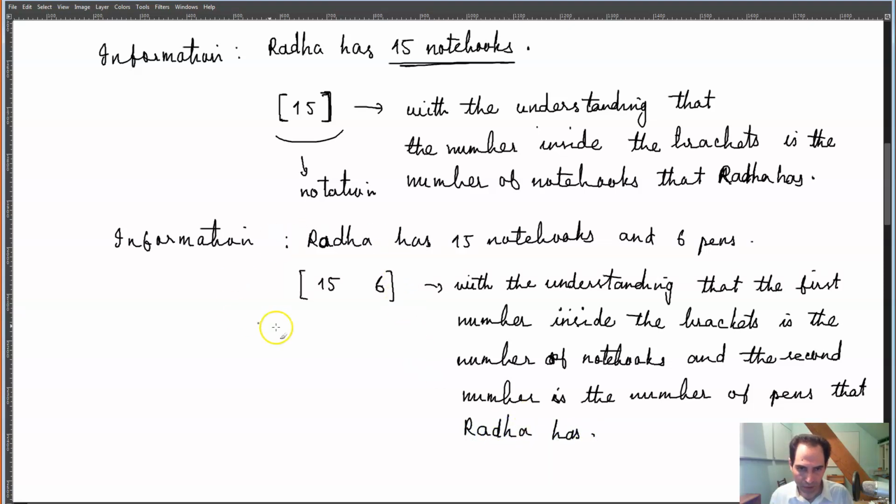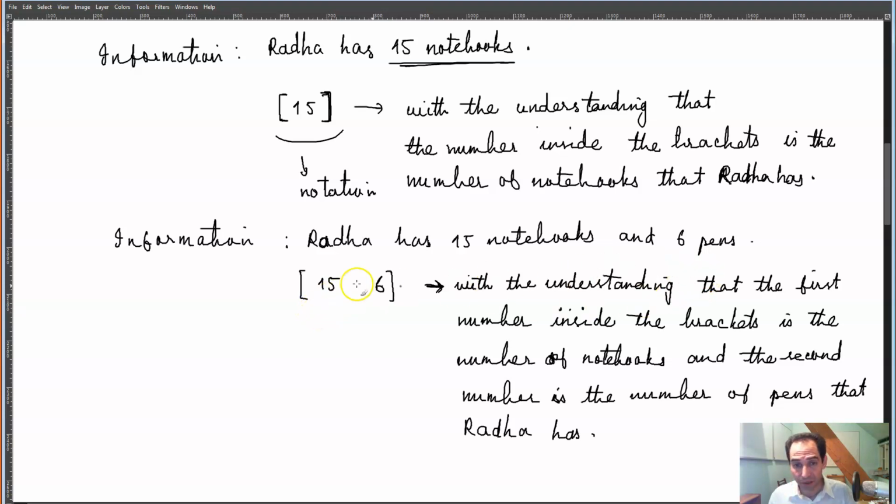So that is the understanding behind the use of the notation, at least in this particular case. So we may express this with this notation, with the understanding that the first number inside the bracket is the number of notebooks, while the other one is the number of pens possessed by Radha. Okay.